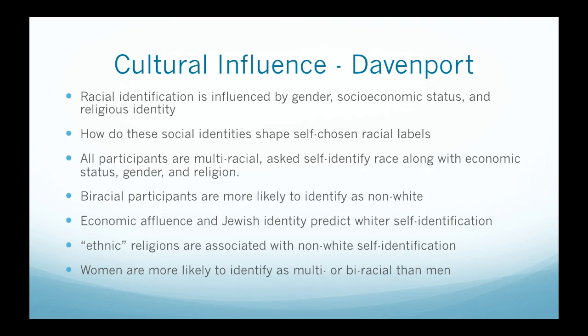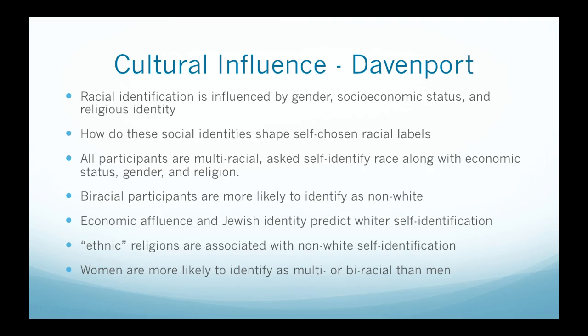So the more affluent the individual, the more likely they were to identify as white if they were of white and another race. Same thing with Jewish identity. If they identified as Jewish, as well as white and black, they're more likely to identify as white than white and black mixed race individuals who identify with a more ethnic religion. So it would follow that ethnic religions are associated with non-white self-identification.